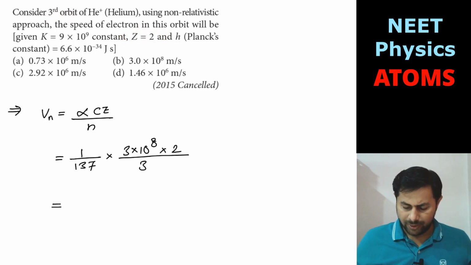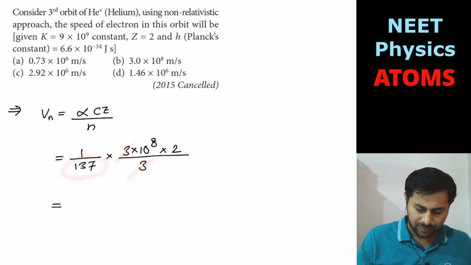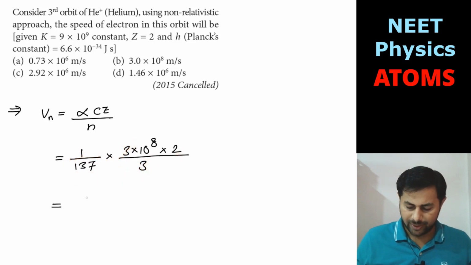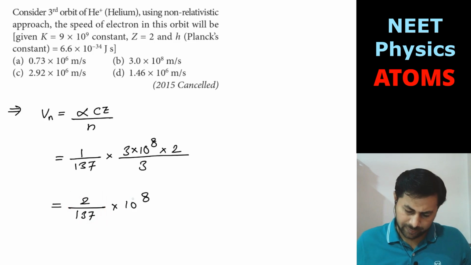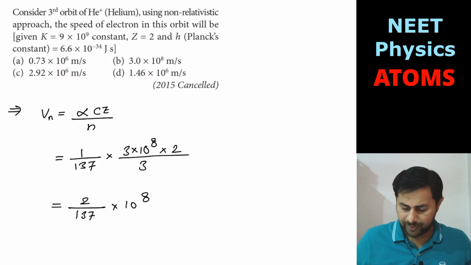So then we just need to solve this. So this is 2 by 137 multiplied by 10 raised to 8. This thing would be nearly equal to what? 10 raised to 6 is there. So let's take 2 divided by 1.37 multiplied by 10 raised to 2, and this is 10 raised to 8.